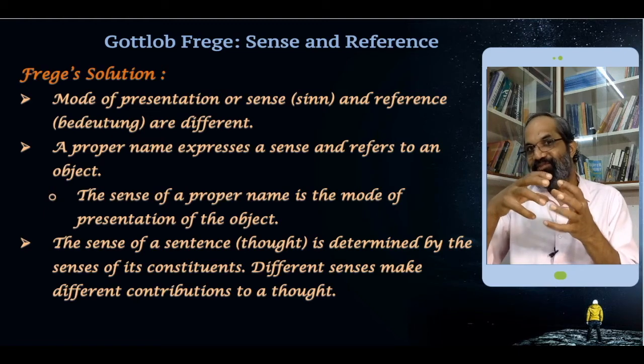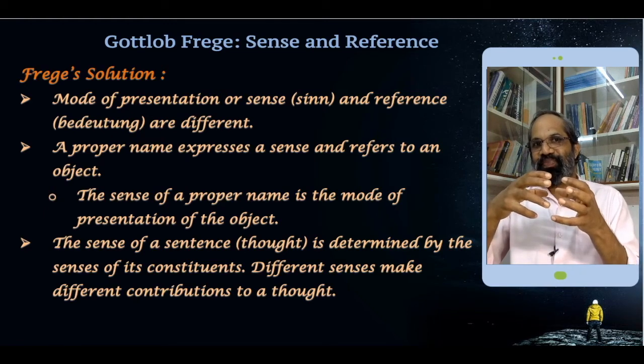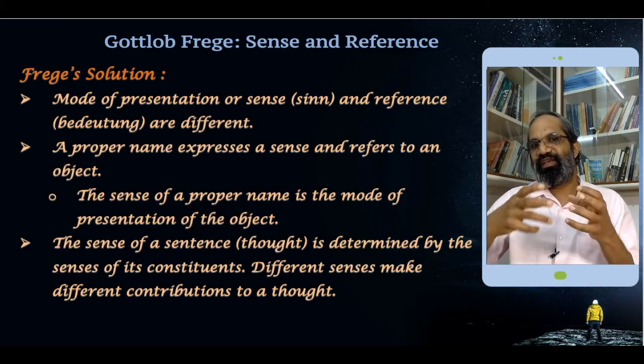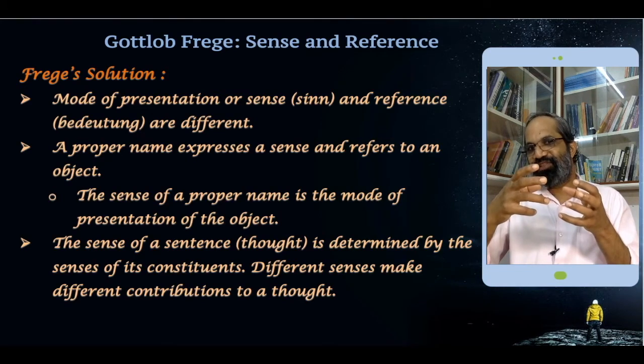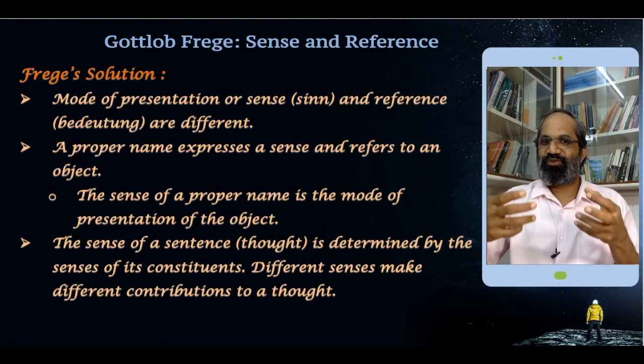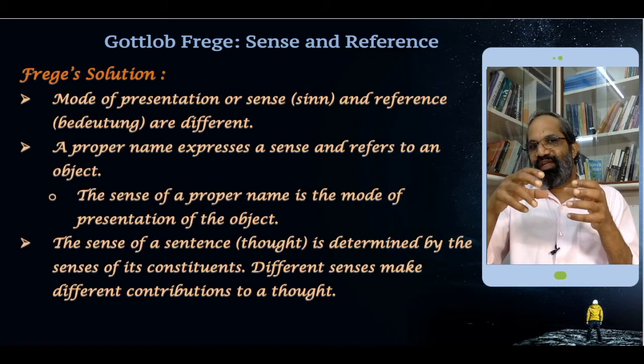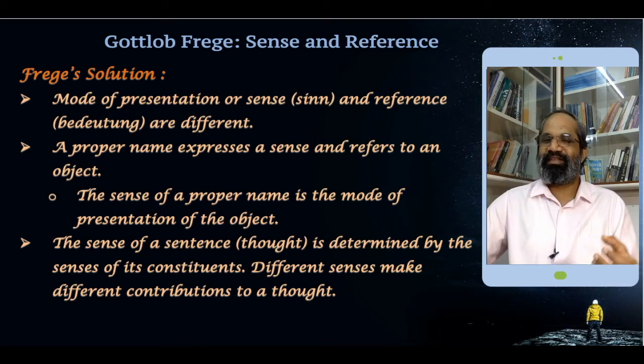This is one and the same event, one and the same thought, but it can be thought in different ways. These different ways of thinking about one and the same event or object give us different notions of the thought. They are different contributions to one and the same thought.